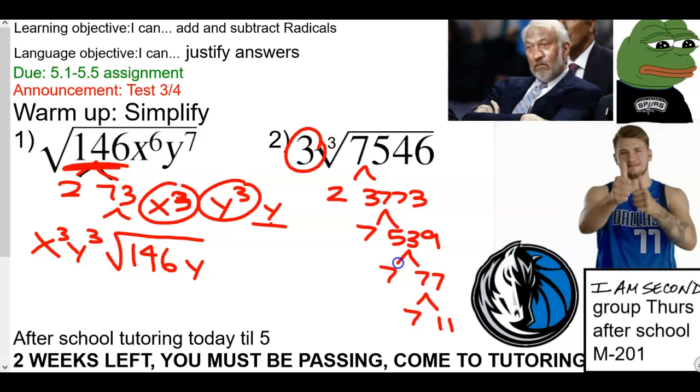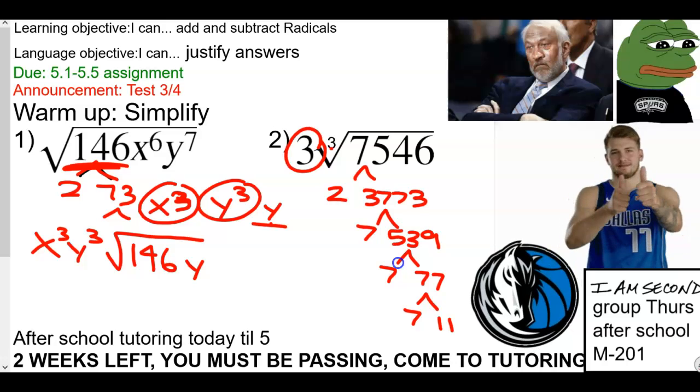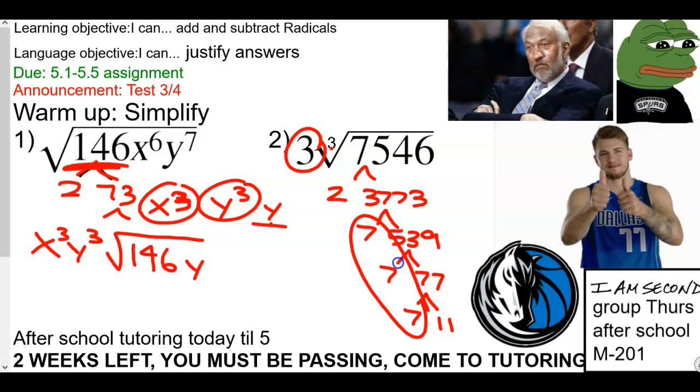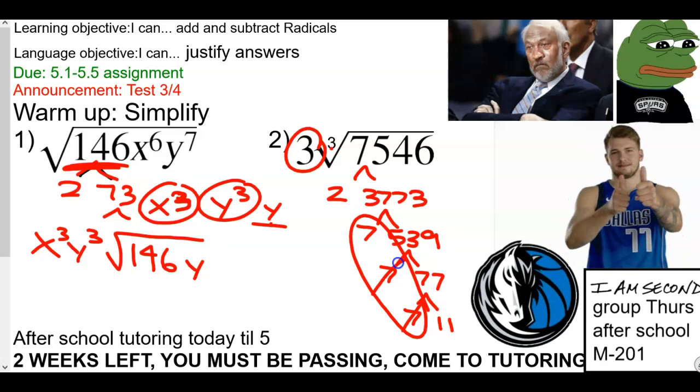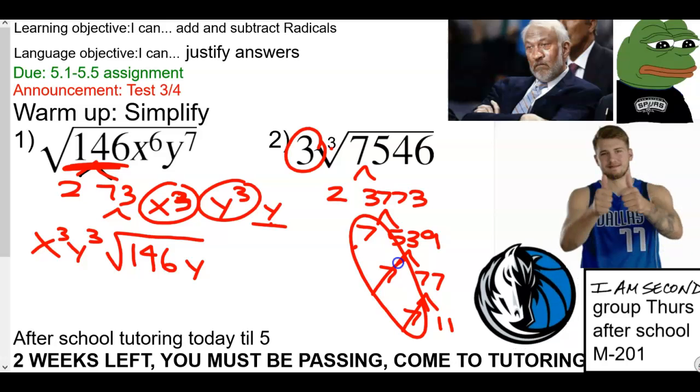Now, do we have any triplets? Since we're talking about cube root, are there any groups of 3? 7, 7, 7. Yeah. Circle that. I'm going to cross 2 of them out. So what's going out is 7, and what's already outside? 3.